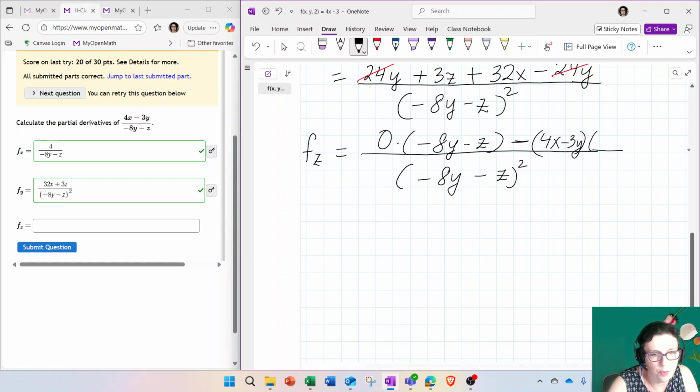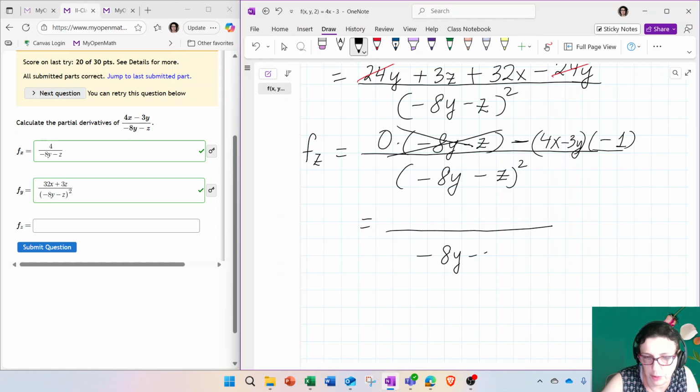What is the derivative of the bottom with respect to z? The term negative 8y does not have a z, so it'll drop out. And then the derivative of negative z is negative 1, right? Because this is a slope, and the slope is negative 1. So this part will go away. Let's see if we can simplify a little bit by distributing that negative 1.